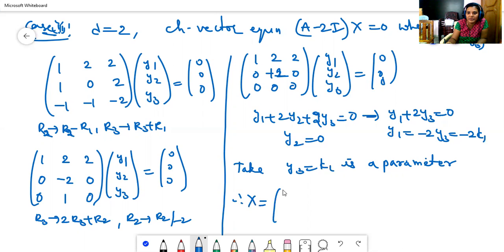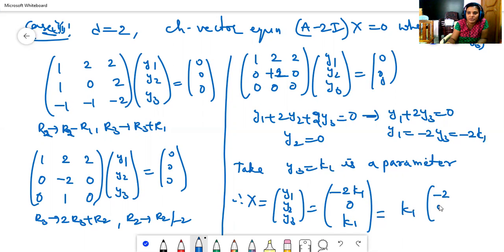Therefore, X equal to y1, y2, y3 is equal to y1 is minus 2 k1, y2 is 0, y3 is k1. Taking k1 common, minus 2, 0, 1 be the corresponding vector to lambda equal to 2. This is the characteristic vector corresponding to lambda equal to 2. This is the procedure how we can find out the eigenvalues and eigenvectors.